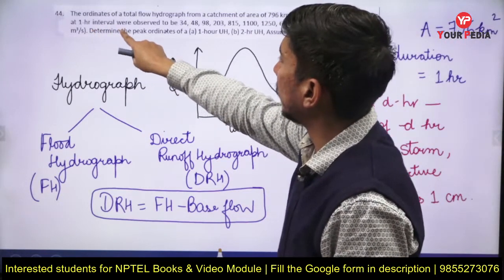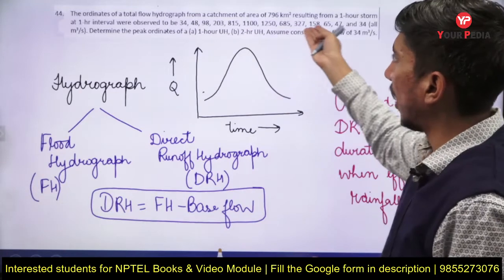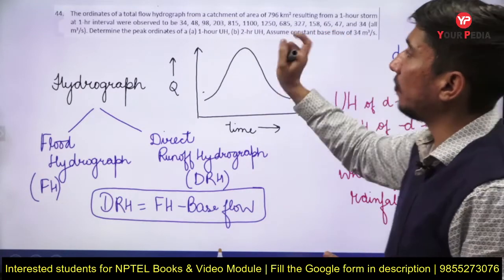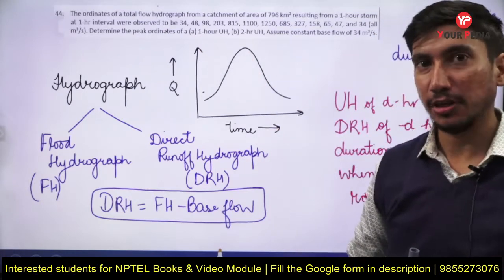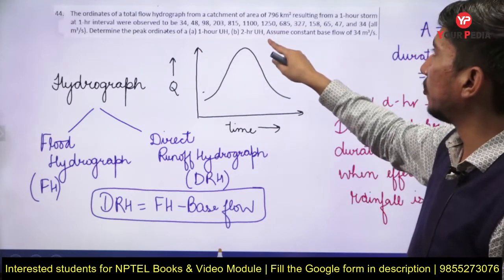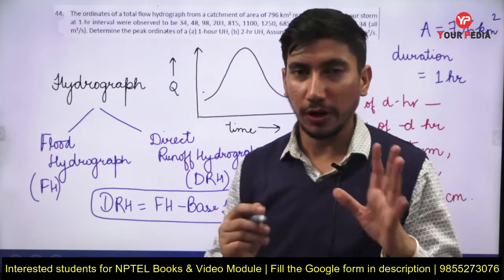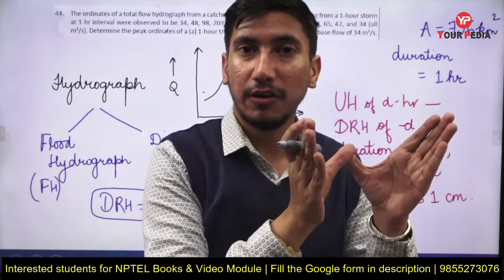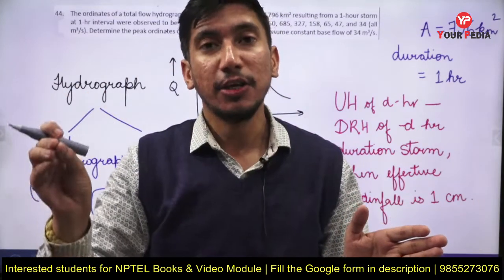At 1 hour intervals, these are the ordinates that were observed, and we have to now determine the peak ordinate of the 1 hour unit hydrograph and 2 hour unit hydrograph for this particular catchment. So we have been given the flow hydrograph. From this flow hydrograph, we have to prepare the unit hydrograph.